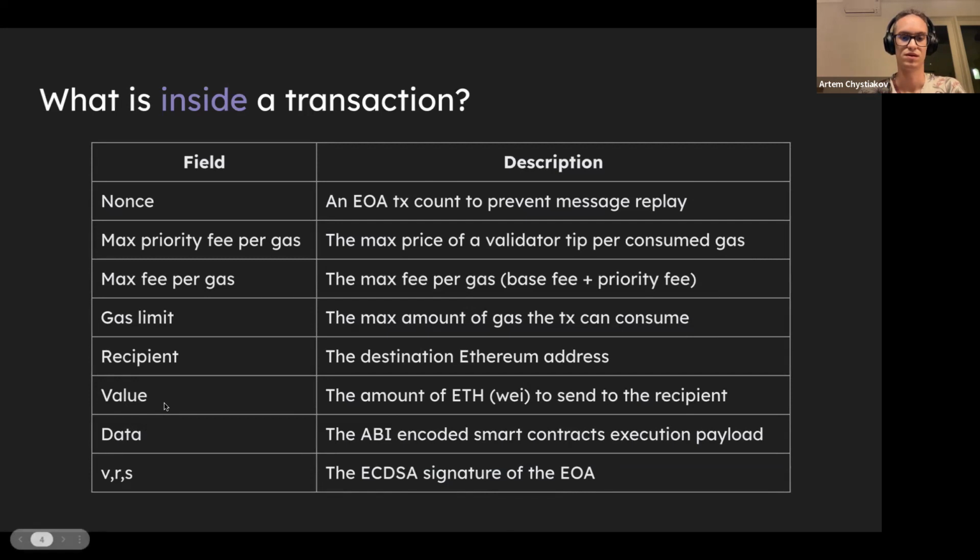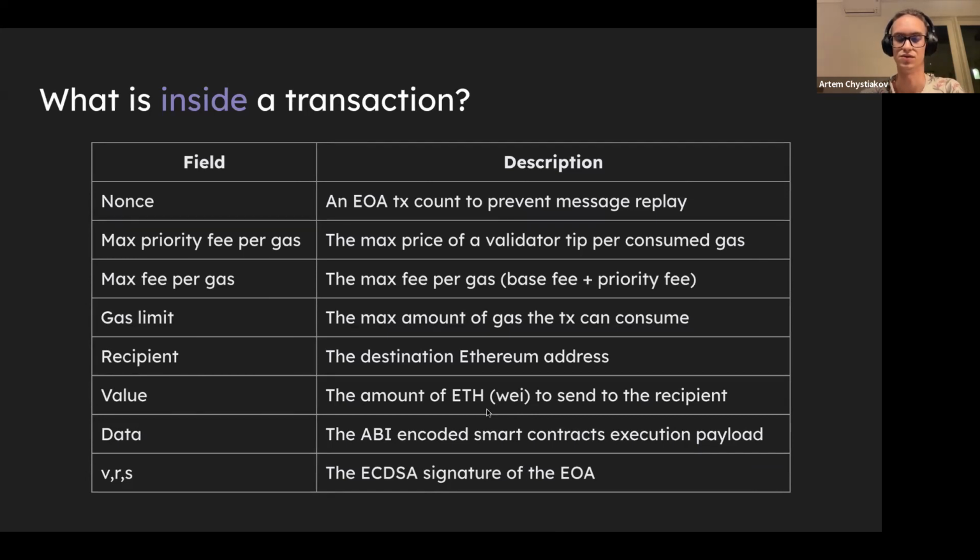Value, it is the amount of Ether, but actually wei that you're willing to spend. Wei is the smallest amount of Ether. It is 1 with 17 zeros before it, so 10 to the negative 18.